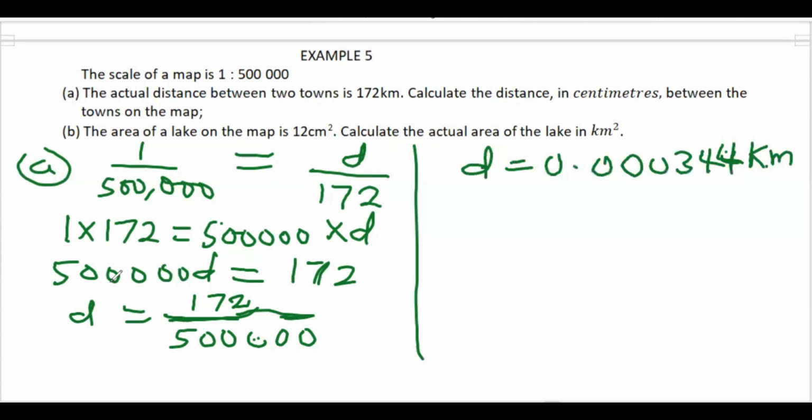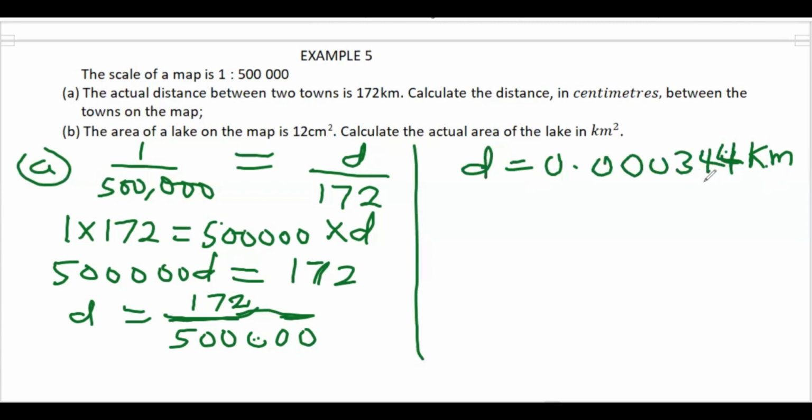But since we have to leave the distance between the two towns in centimeters, you ask how many centimeters can you find in 1 kilometer. Since we have 100 centimeters in 1 meter, and 1,000 meters in 1 kilometer, that means we have 100,000 centimeters in 1 kilometer.